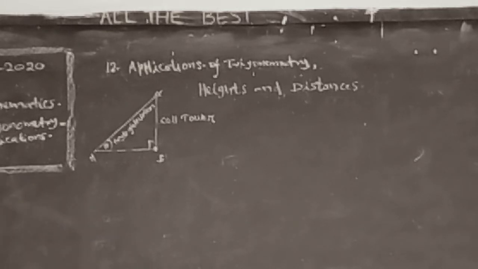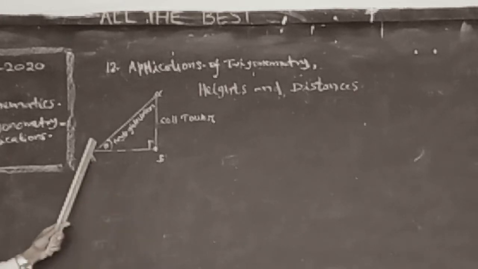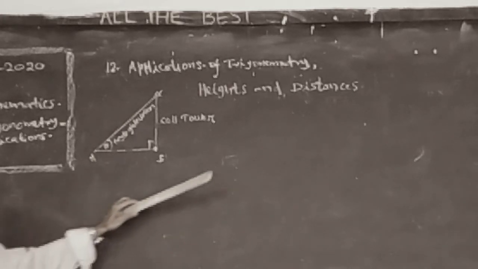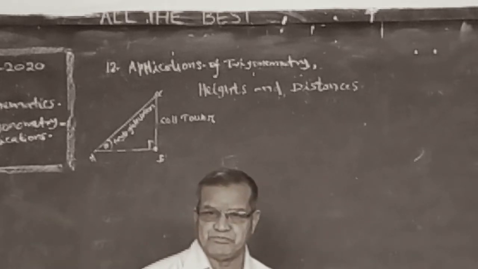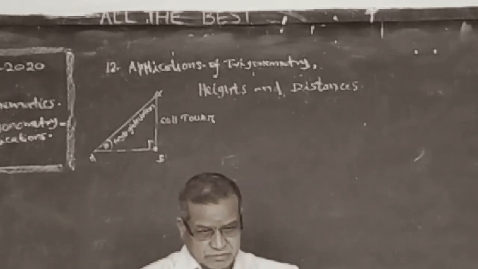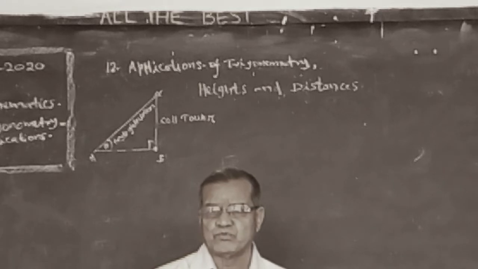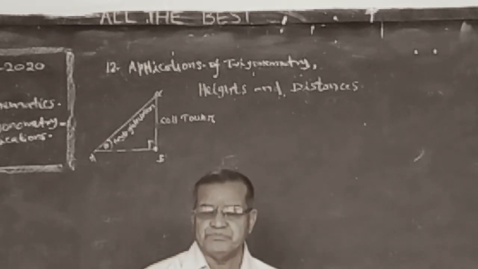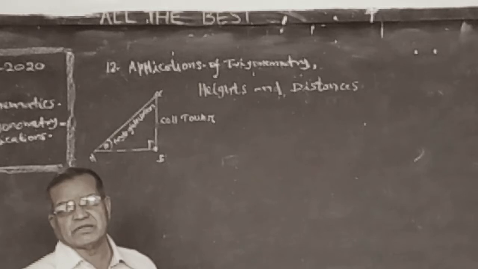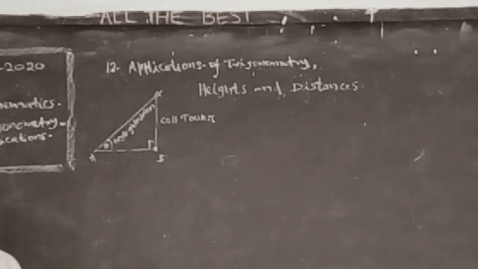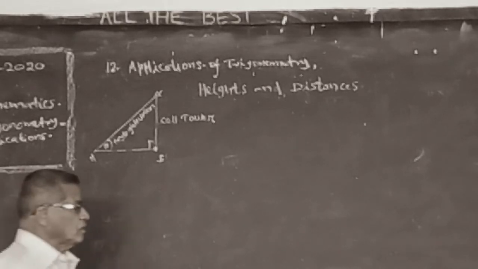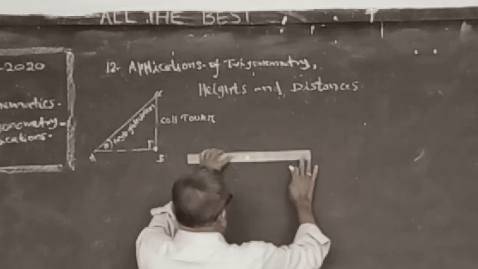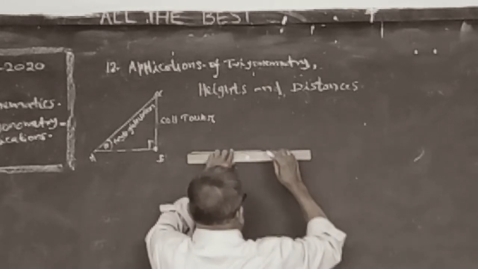See, when we are looking from ground to top, there is angle of elevation. And another angle: from the top, we are on the building, on the top of the cell tower, observing the objects on the ground. They are called angle of depression.